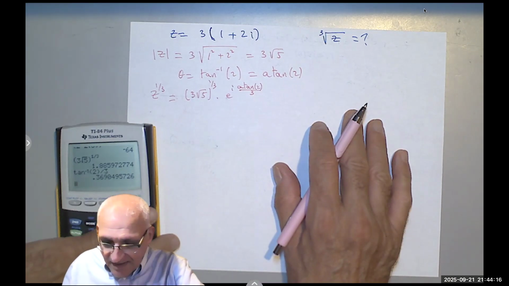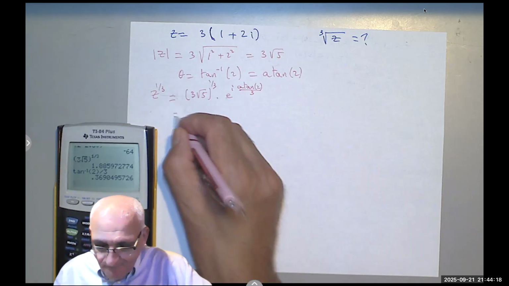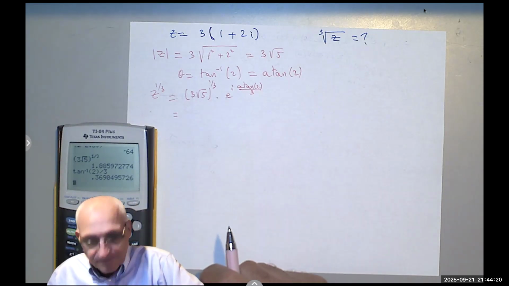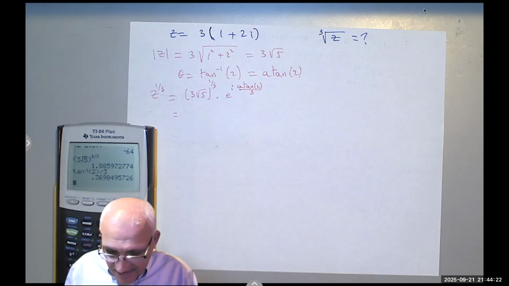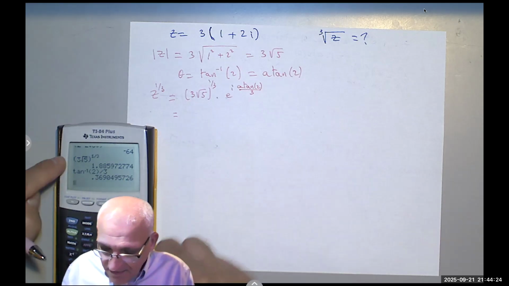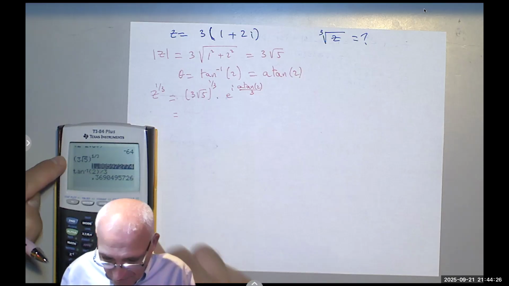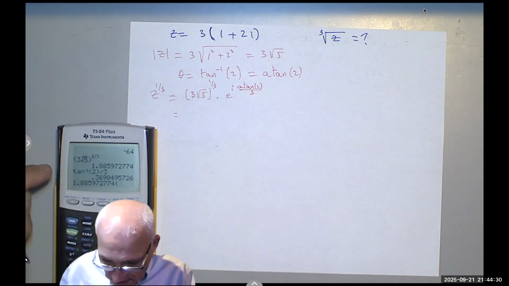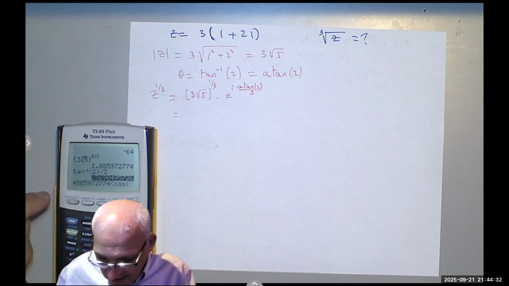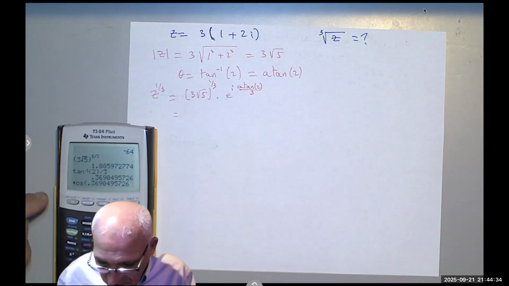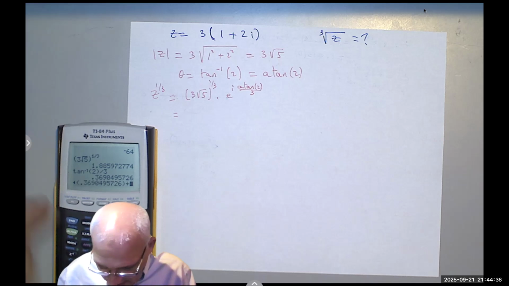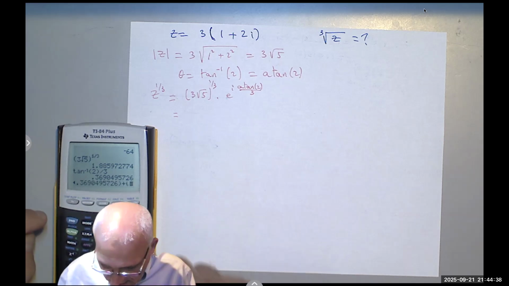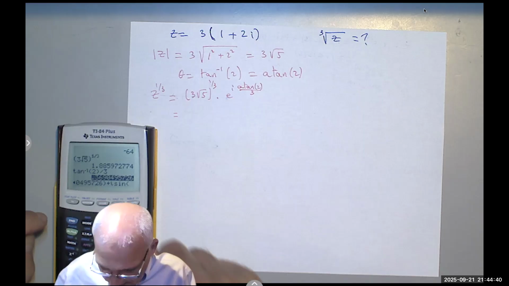So how do I write this? Well, basically I can take the 3 root 5 to the 1/3 and multiply it by cosine of this angle plus i sine of that angle.